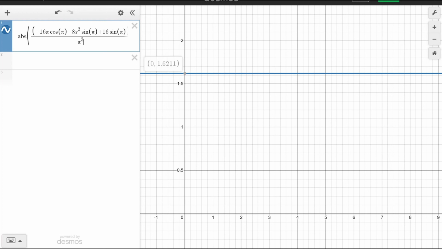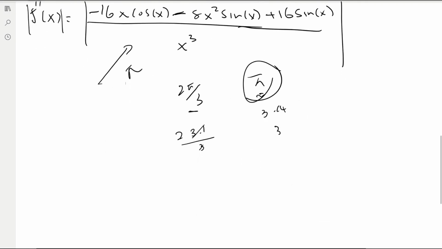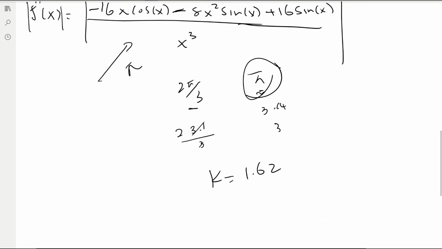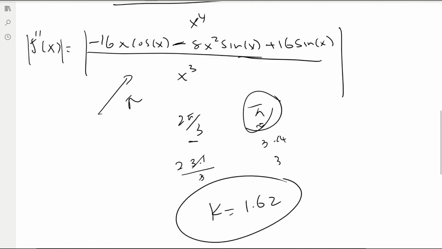Okay, so it's like 1.6211. So that will be your k value. Or you can use the calculator as well, but I'm going to choose that as my k. So k is 1.62.